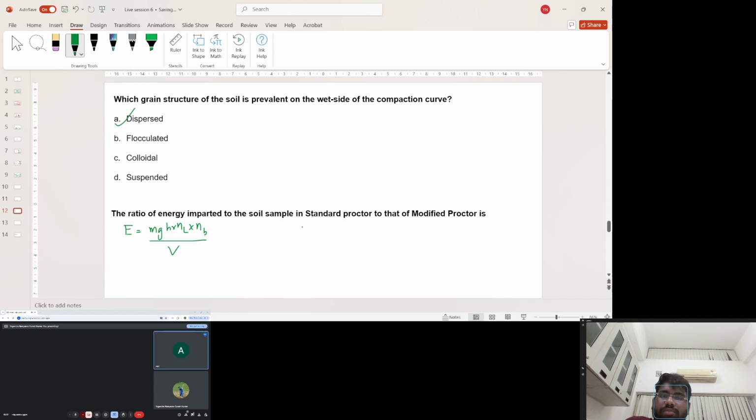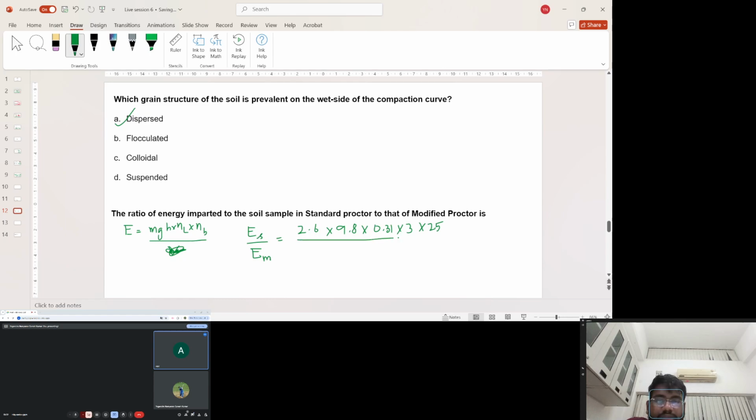For standard and modified Proctor, volume remains same, so we can ignore this. So the only ratio is E standard by E modified. M for standard Proctor is the mass of the hammer, which will be 2.6 kgs. G is 9.8. H is 0.31, into 3 layers, 25 blows.